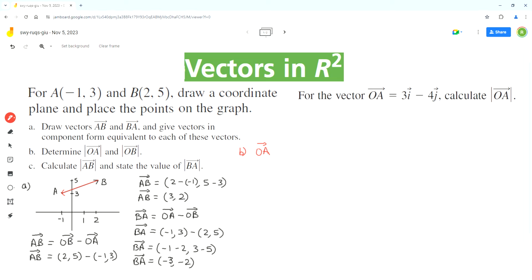So first we'll write vector OA, and vector OA is equal to the given point, and now we can find the magnitude of this vector.